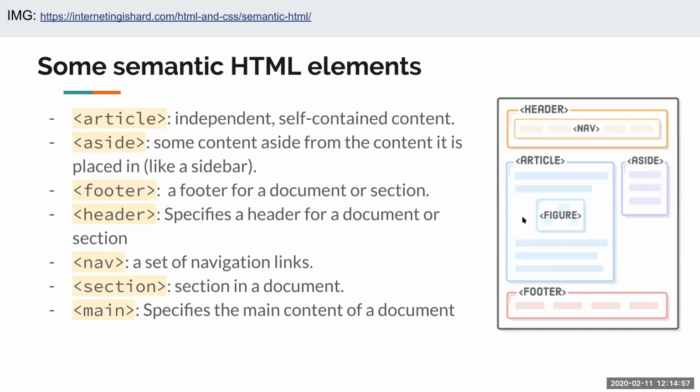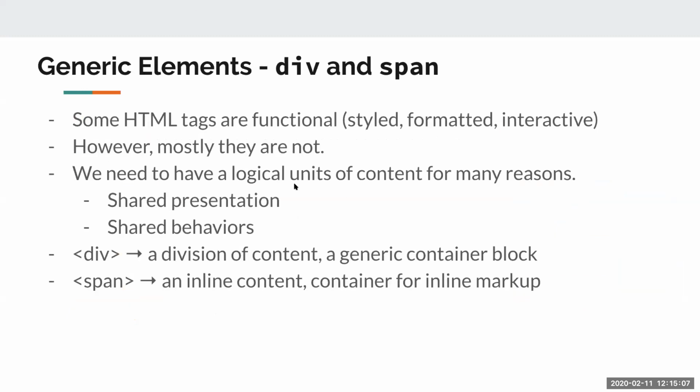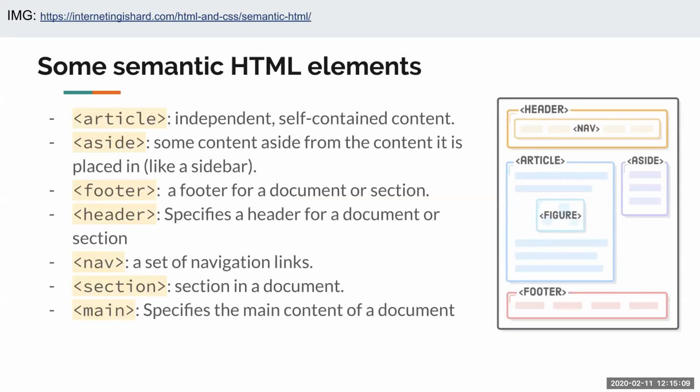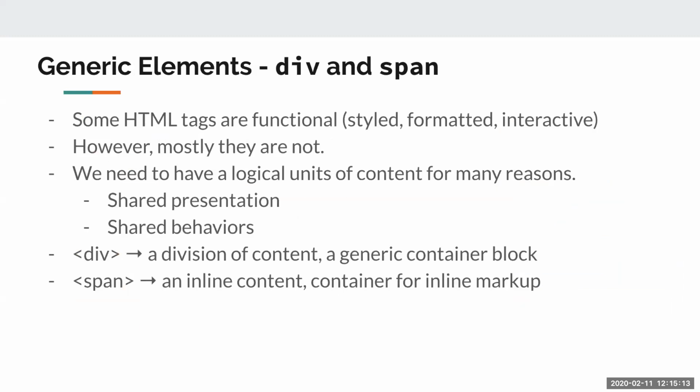That is all CSS that you have to specify, but each HTML element has its semantic meaning. The other way to do it is to use elements that have no semantic meaning, and we're going to compare these two approaches later. So we have these two important generic elements.